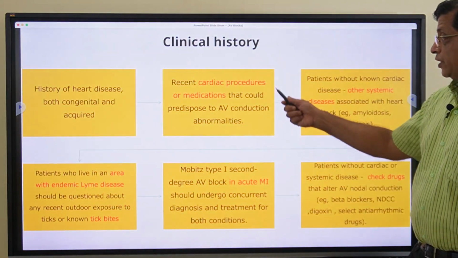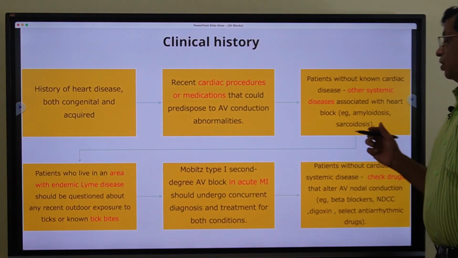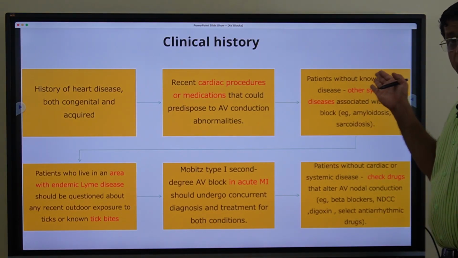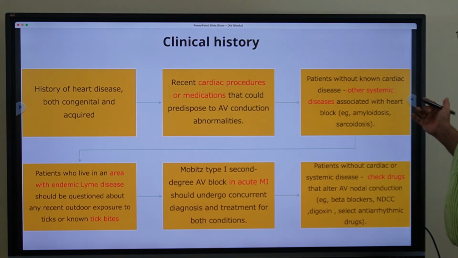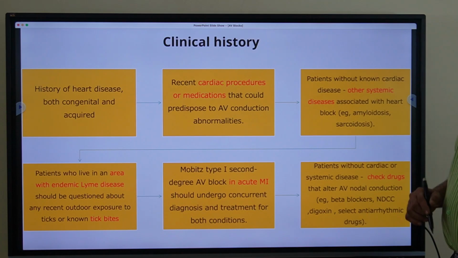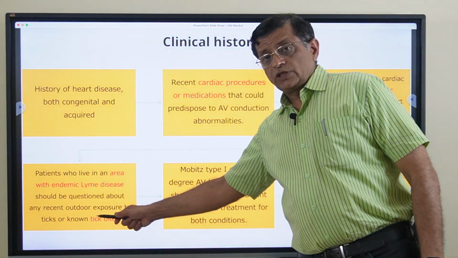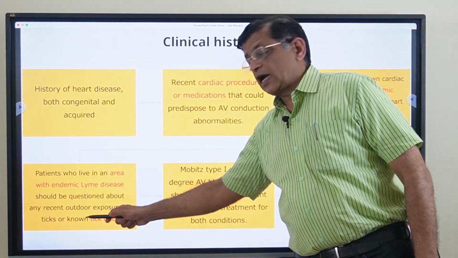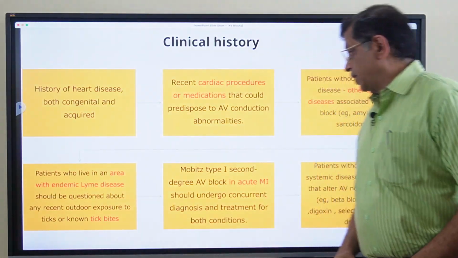Whether the patient underwent any cardiac procedures or any change in medications, or rarely the patient may not have a primary cardiac disease but a systemic disease which may involve the heart, like amyloidosis or sarcoidosis. A patient may be living in an endemic area with Lyme disease. In that case, find out whether the patient has outdoor exposure or a history of a tick bite.